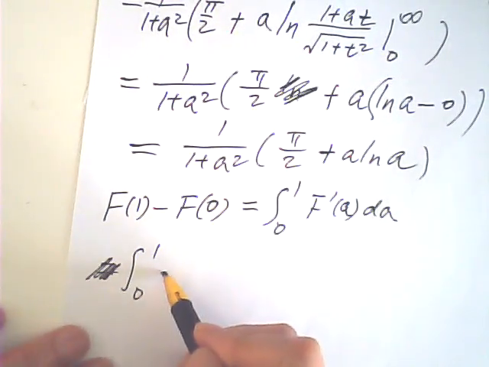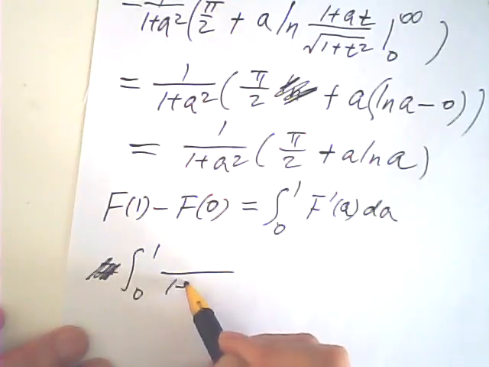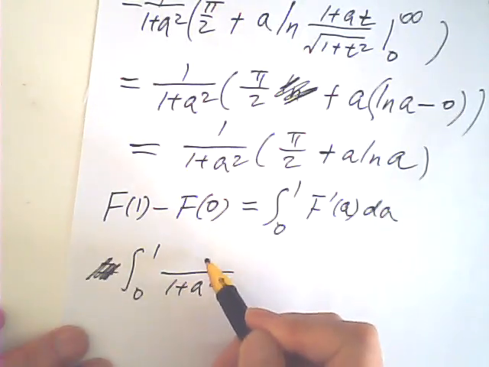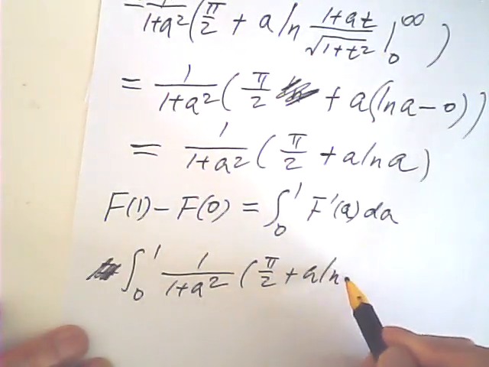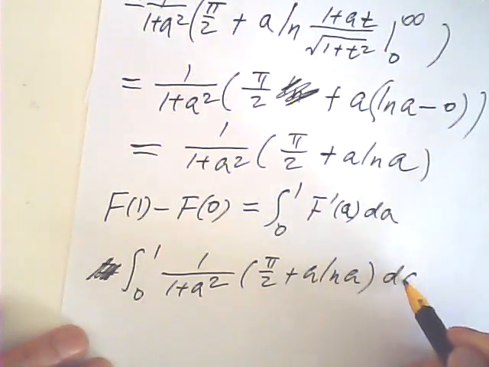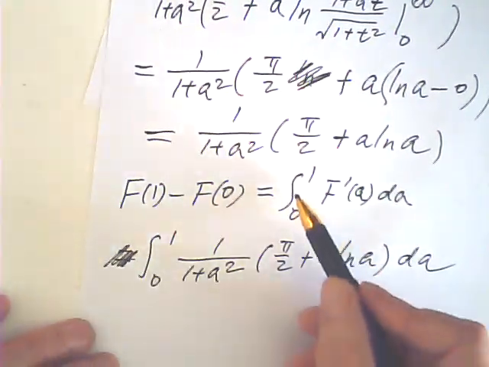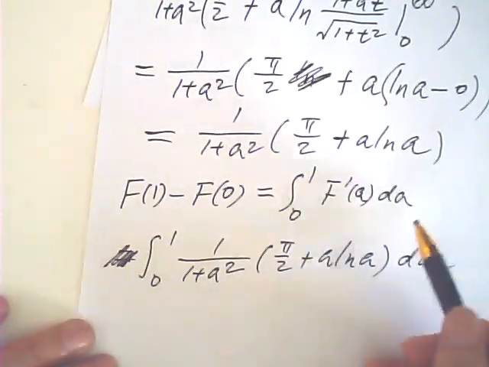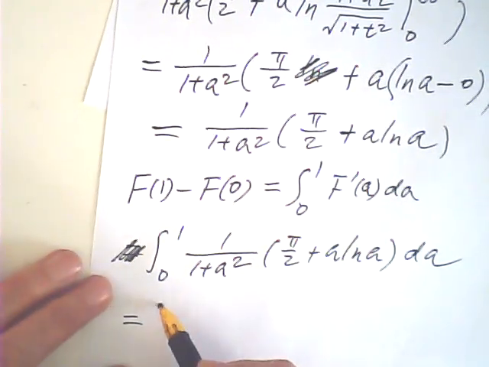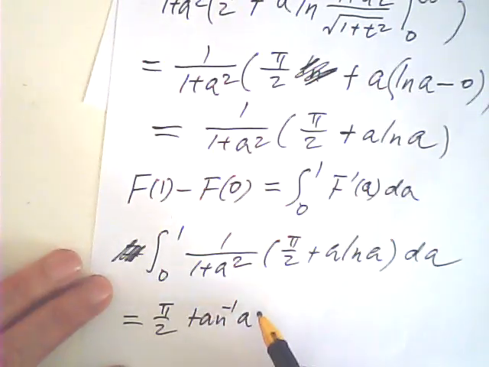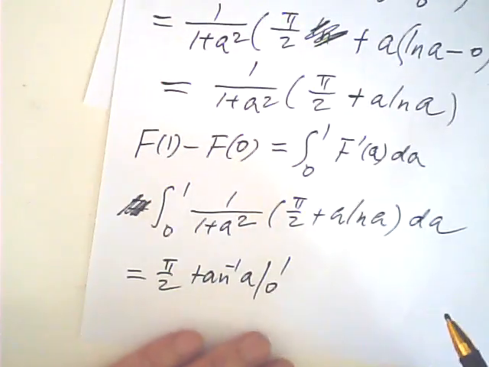This one is equal to the integral of (1 plus a squared) over (half plus a log a) da, right? For this one, the first part is easy. Half pi, this was arctangent of a from 0 to 1. That is the first one.